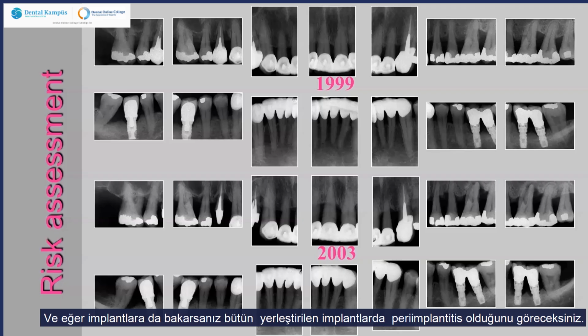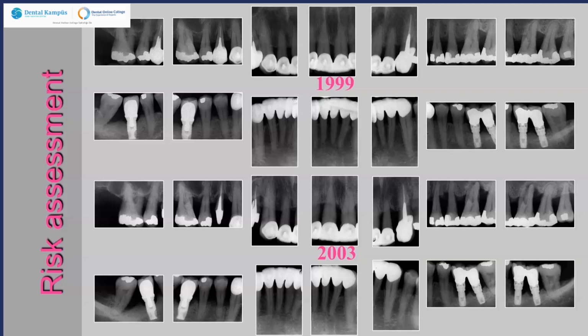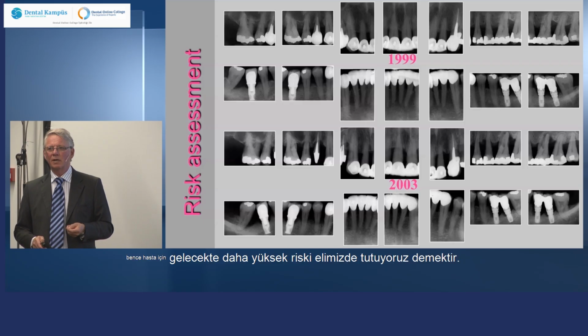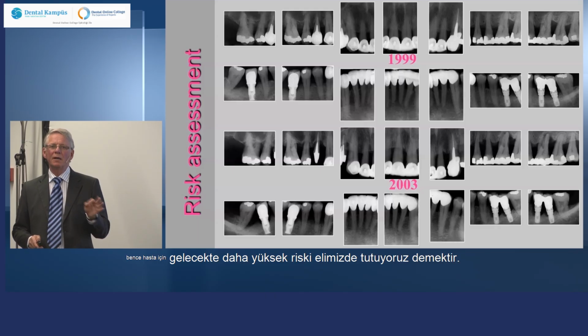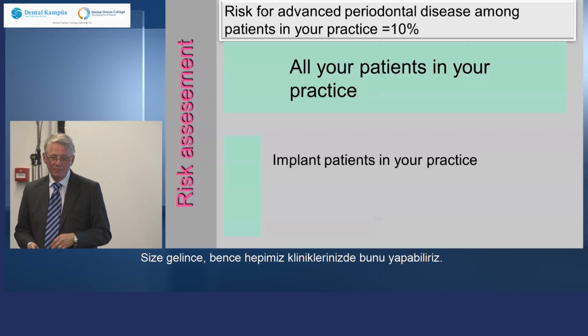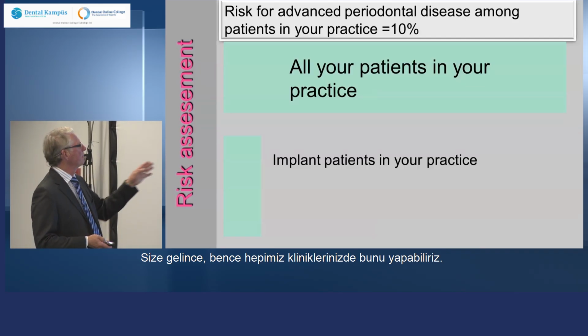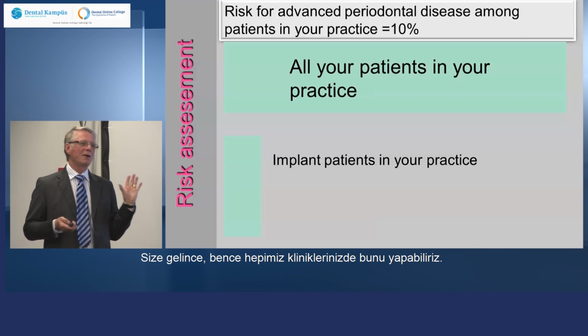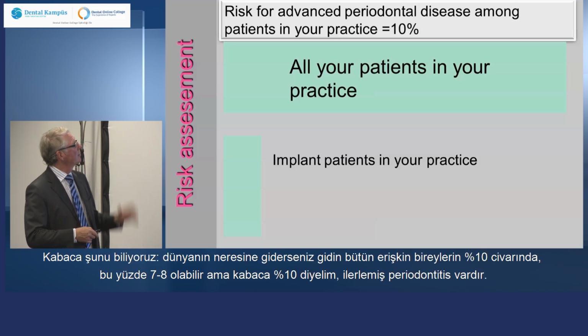But also now if you look at the implants, you will see that you have peri-implantitis on all the implants that were placed in this specific patient. So if we do not treat the presence of periodontitis, I think we are running a higher risk for our patients in the future. And for you, this is something we can all do in our clinic.